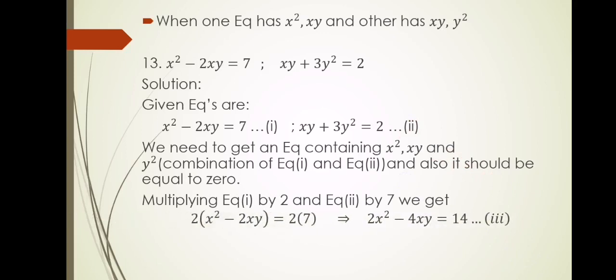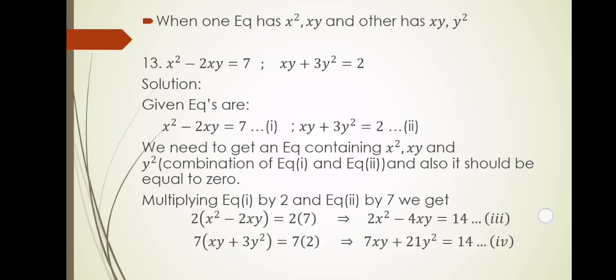So after multiplication we just get 2x square minus 4xy is equal to 14, and when we multiply equation 2 by 7 we just get 7xy plus 21y square is equal to 14.